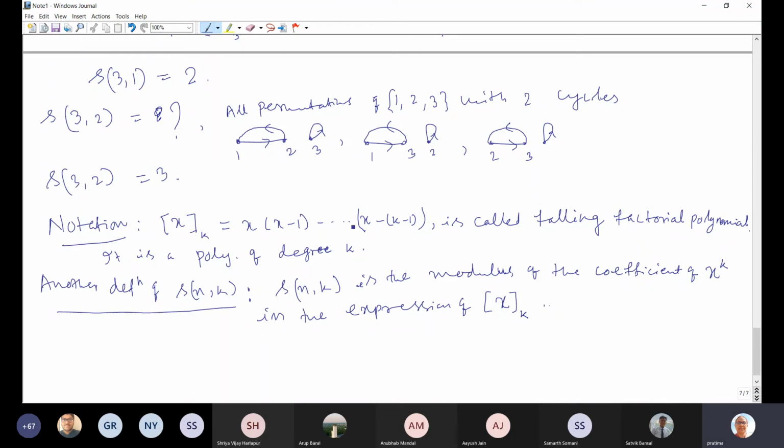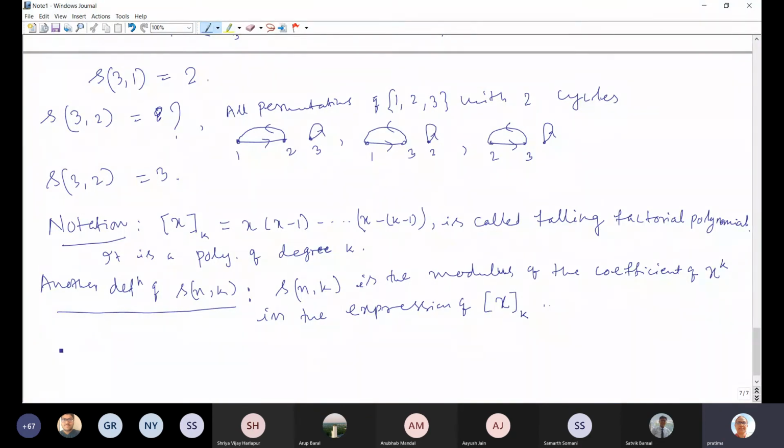You just expand this and write it as a polynomial a0 plus a1x plus a2x square, and take the coefficient of x^k in this falling factorial. This is the Stirling number of the first kind.